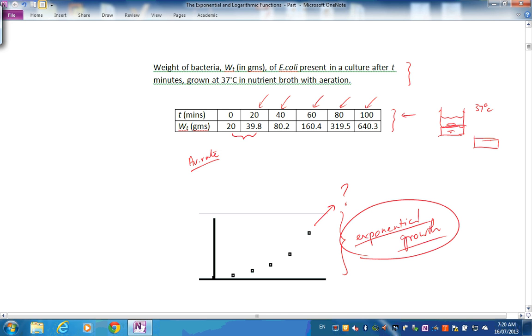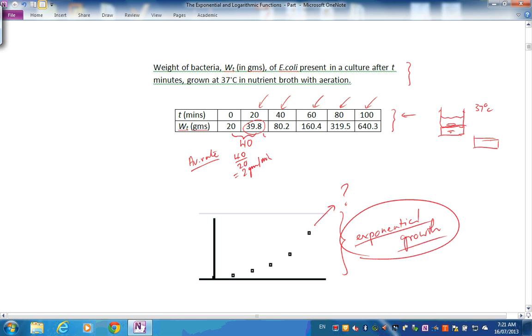So let's have a look at this. This is a change of about 40 grams in that 20 minutes. Yeah, we'll have to round this off probably. Let's see if we just round that off. We've got a change, average rate of change of 40 grams per 20 minutes, or this is 2 grams per minute. Right, okay.